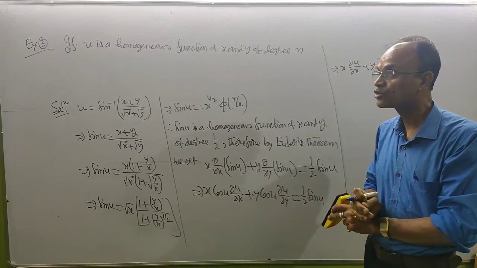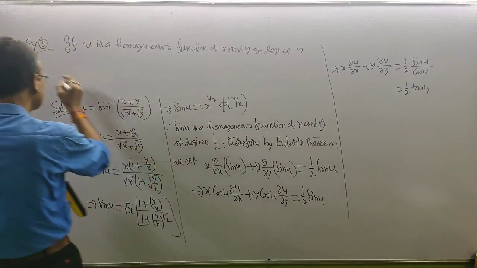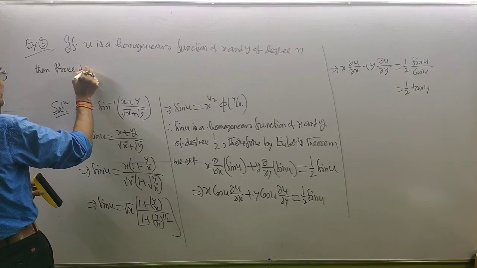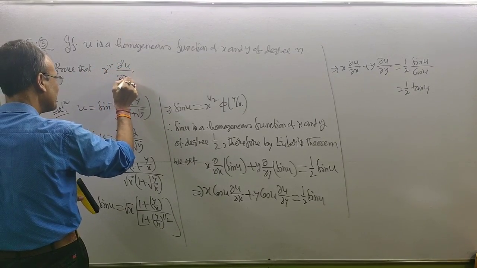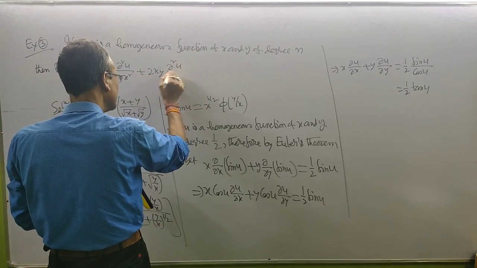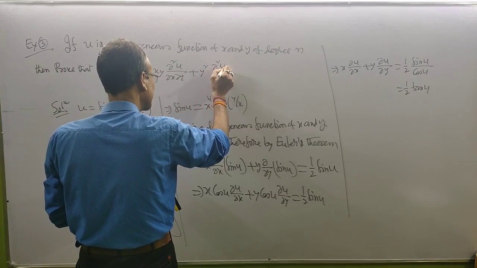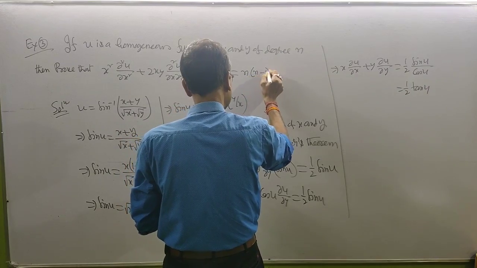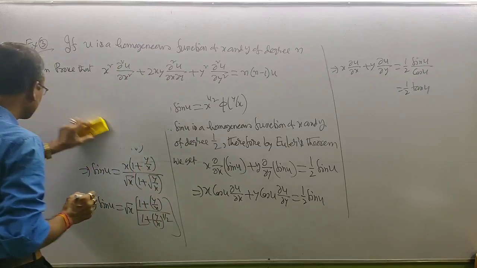If u is a homogeneous function of x and y of degree n, then prove that x square del 2 u by del x square plus twice xy del 2 u by del x del y plus y square del 2 u by del y square equal to n into n minus 1 u. You will get this. n into n minus 1.